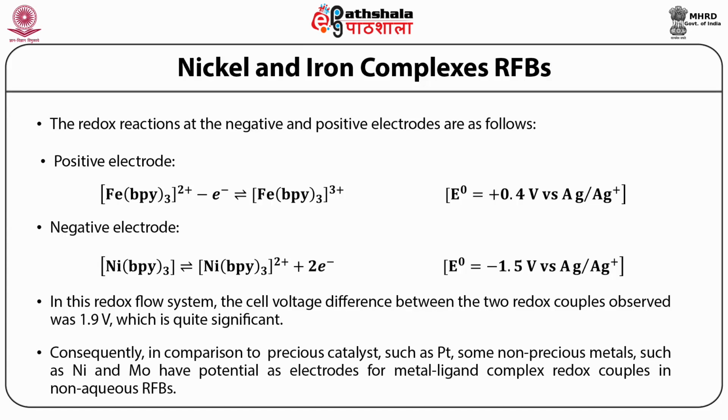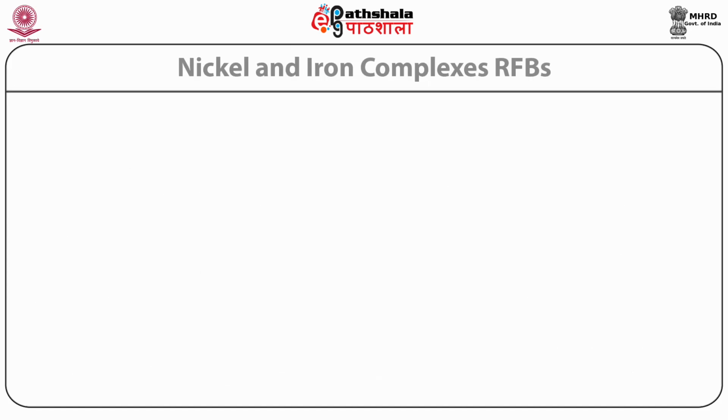Consequently, in comparison to previous precious catalyst, which is platinum, some non-precious metals such as nickel and molybdenum have potential as electrodes for metal ligand complex redox couples in non-aqueous RFBs.